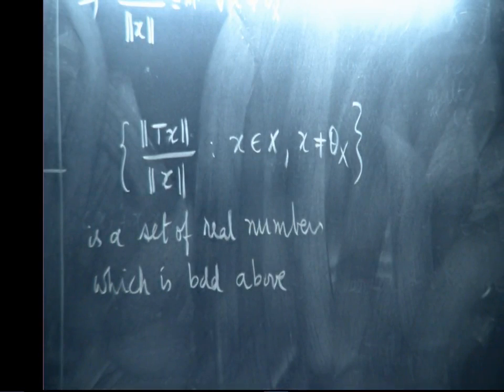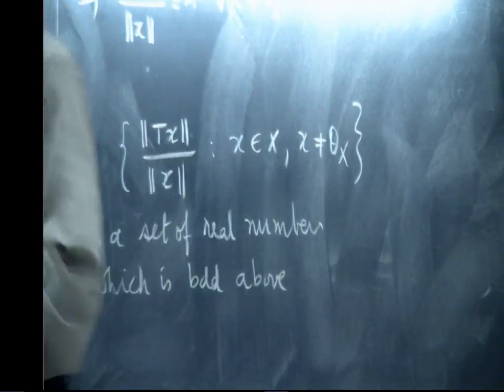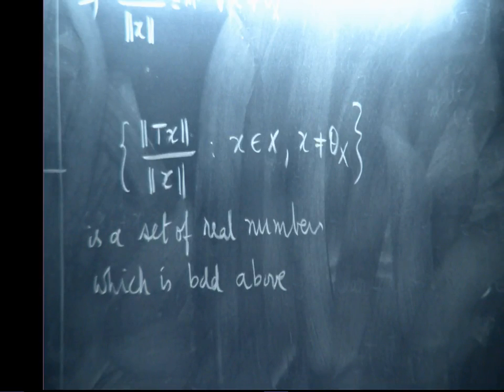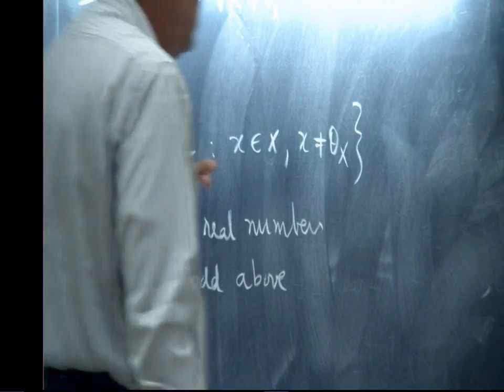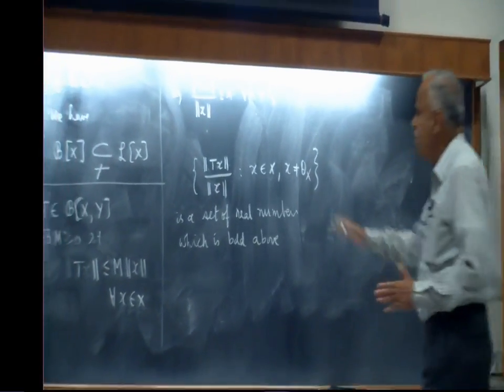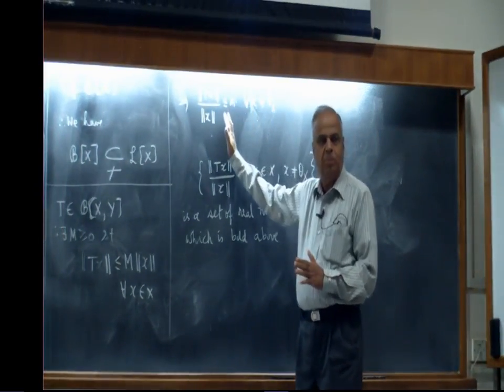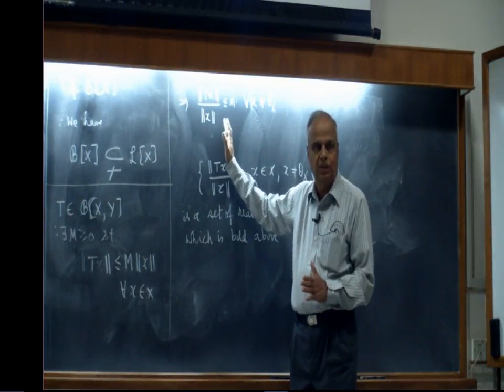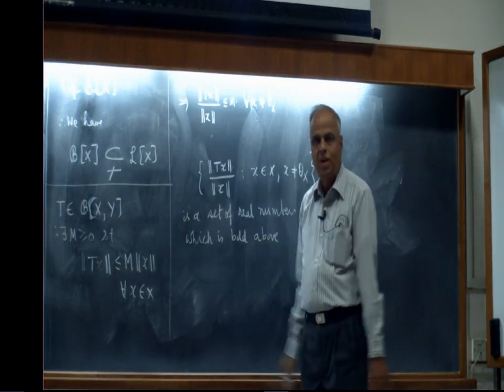But whenever you have a set of real numbers which is bounded above, it should have a least upper bound. The real number system says every bounded set has a least upper bound, or supremum. So this set of numbers must have a least upper bound. M may not be the least upper bound, maybe something even smaller works. We want to push this to the limit and see what is the smallest bound that works.